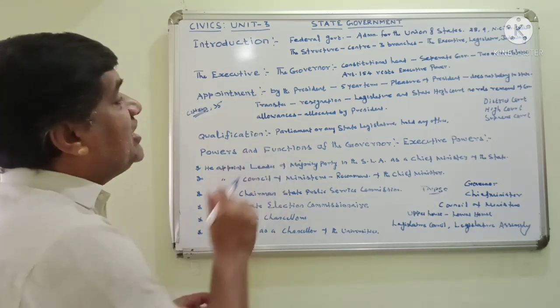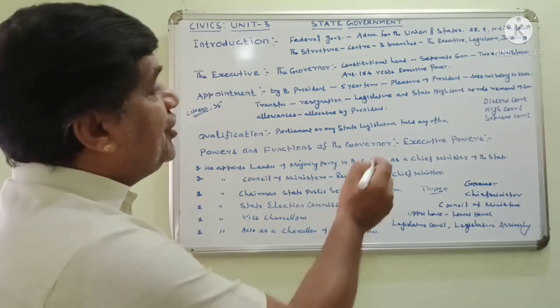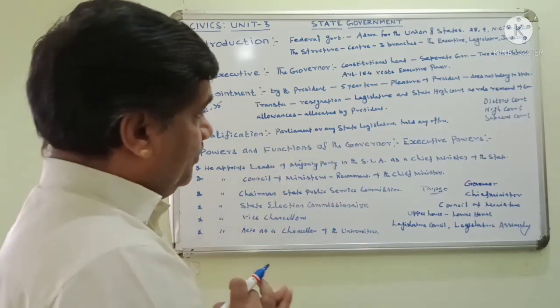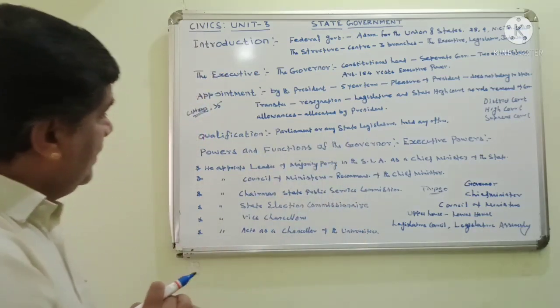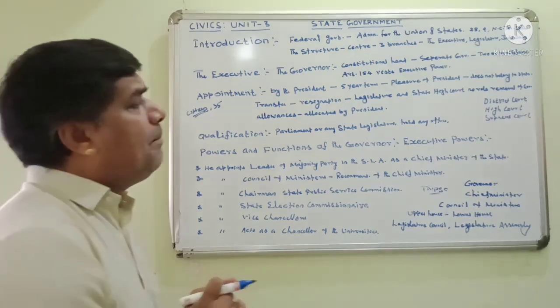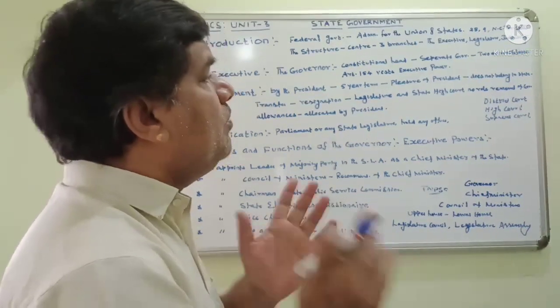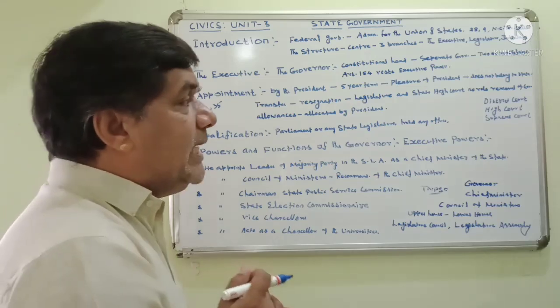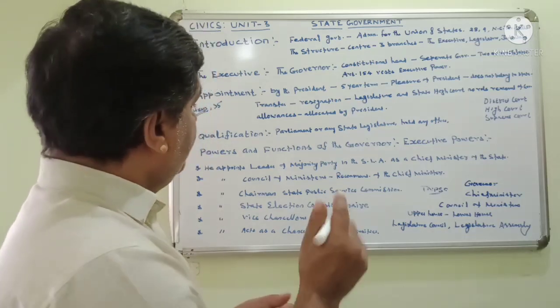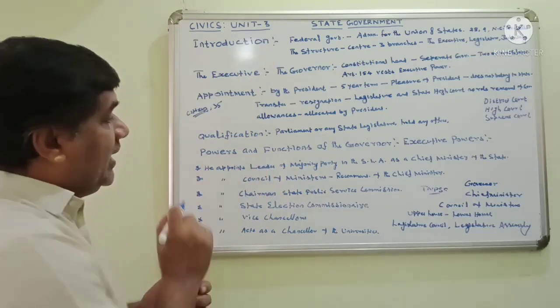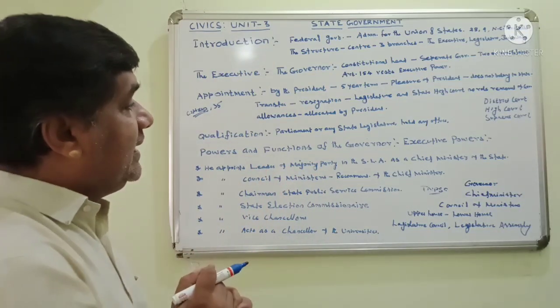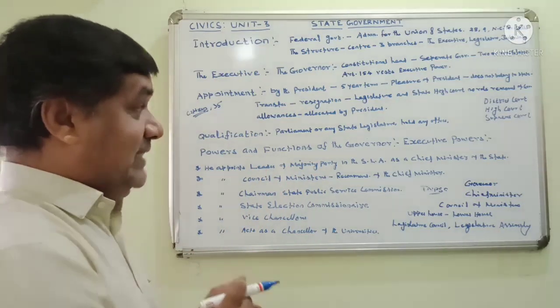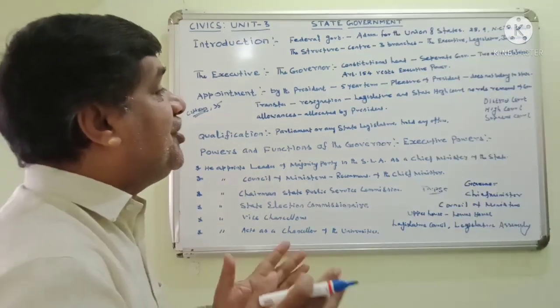Powers and functions of the governor. Executive powers. The governor appoints eminent persons in the state, and he appoints the leader of the majority party in the state legislative assembly as the chief minister of the state.